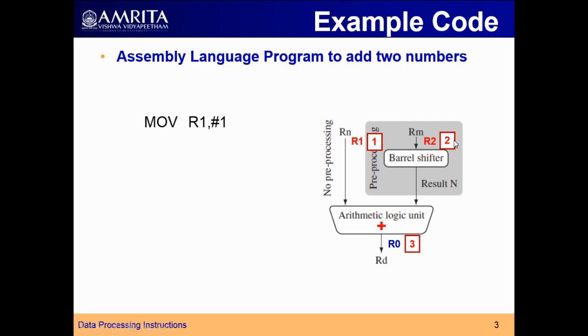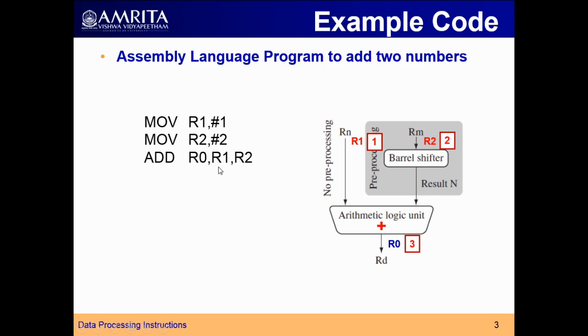Then similarly, how will I move 2 to R2? I write MOV R2, #2. So the immediate data 2 will be moved to R2. So 1 is in R1, 2 is in R2. What is the next step? You need to add these two. How will you add? ADD has 3 operands: R0, R1, R2.